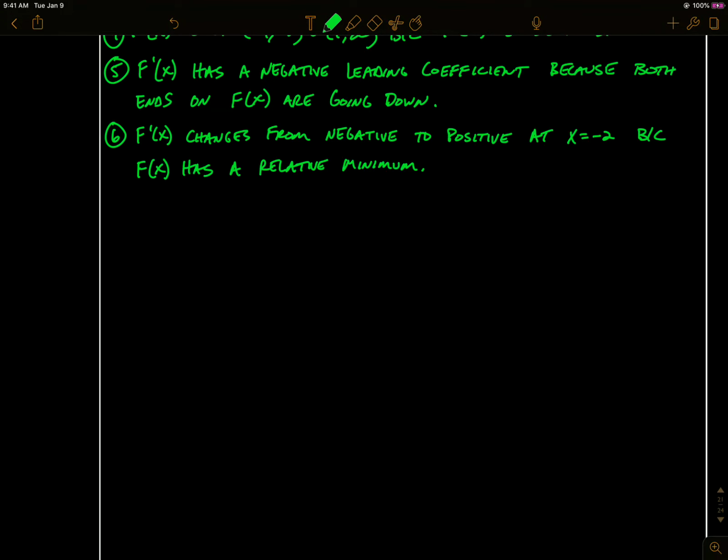So we know the derivative changes where there's a relative minimum from negative to positive, and then vice versa.